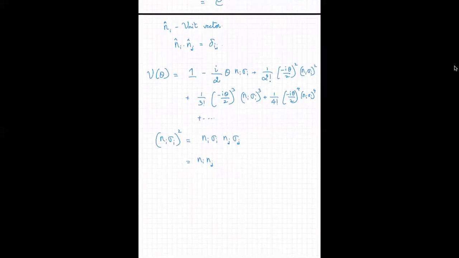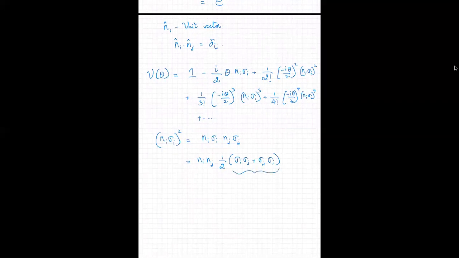and since n_i n_j is symmetric, only the symmetric combination of sigma_i sigma_j will survive in this sum. So I can write this as 1/2 (sigma_i sigma_j plus sigma_j sigma_i), because anything antisymmetric in sigma_i and sigma_j will not survive when I sum over i and j. But I know precisely what the symmetric combination of sigma_i and sigma_j is.